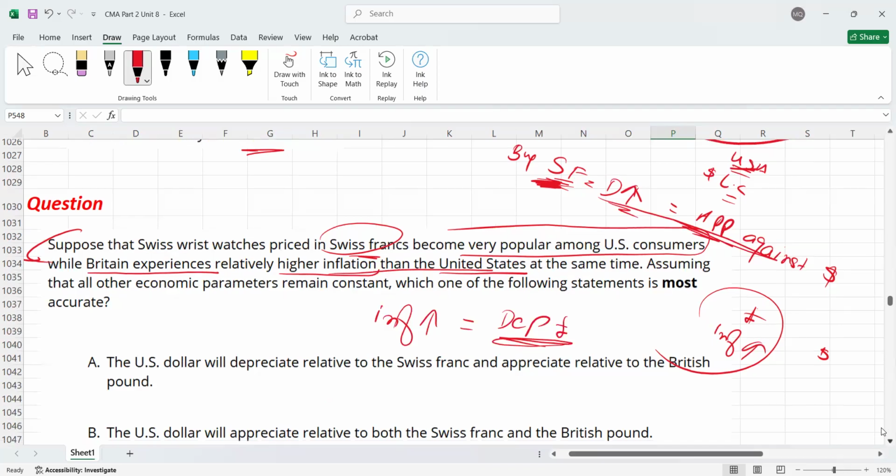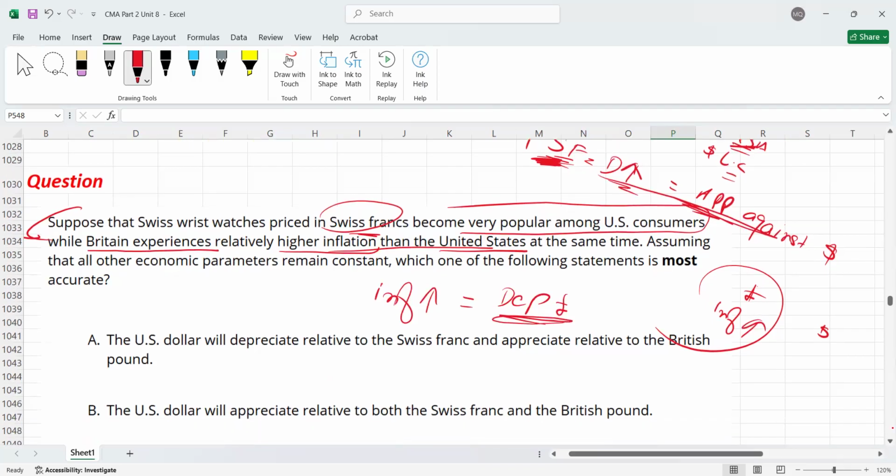Now look at the question: assuming all other economic parameters remain constant, which one of the following statements is most accurate? The Swiss franc will appreciate because it's in demand, and the British pound will depreciate against the dollar because there is more inflation in Britain.